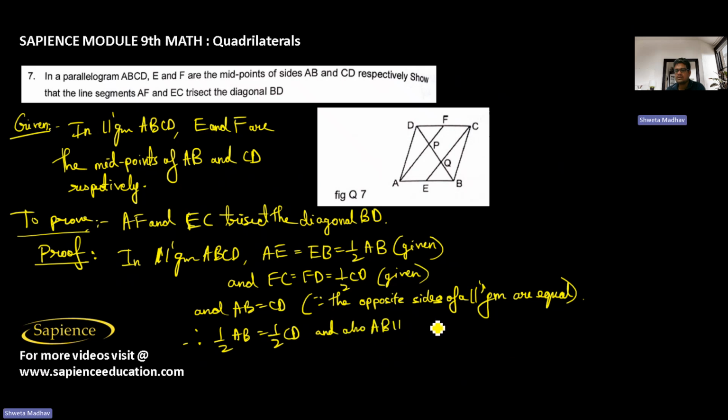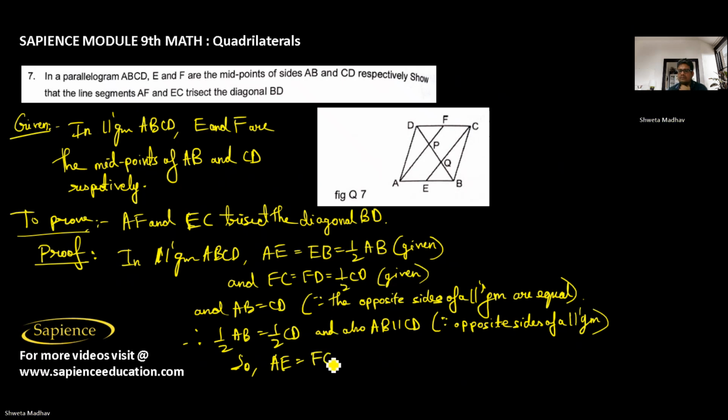And also AB is parallel to CD, since opposite sides of a parallelogram are parallel. And therefore, we can say that half of AB means AE, half of CD means FC, so AE equals FC. And since AB is parallel to CD, AE is parallel to FC also.